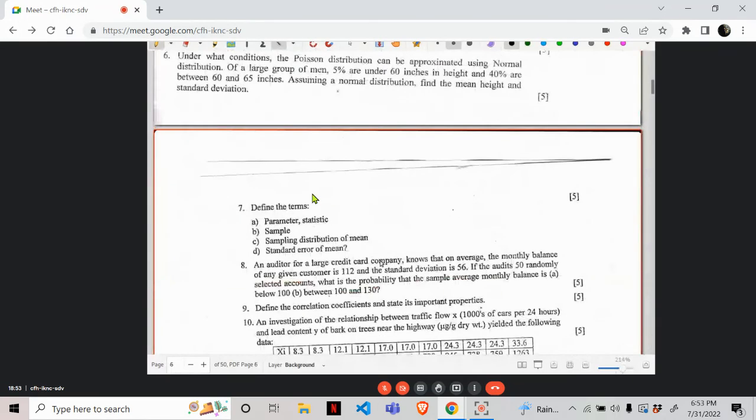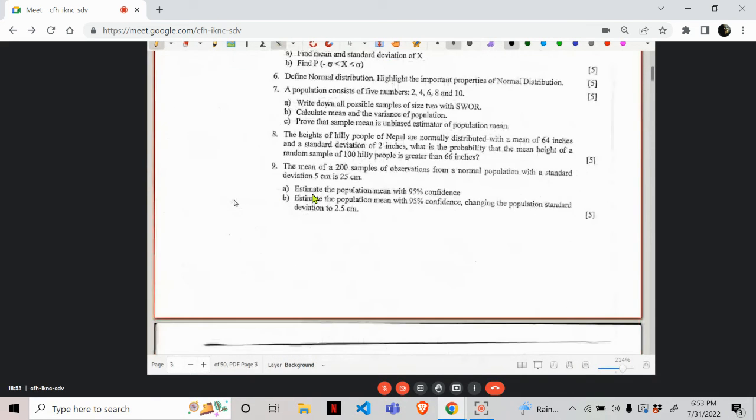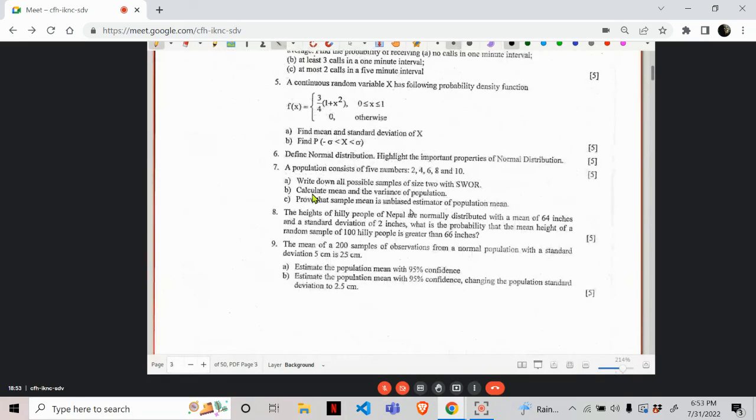Please look at question number 7. What is SWR in that question? I think without replacement. Write down all possible samples of size 2 with SWR. I don't know who came up with such words.